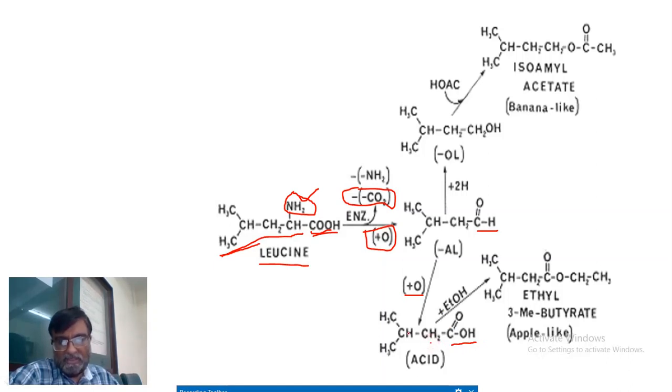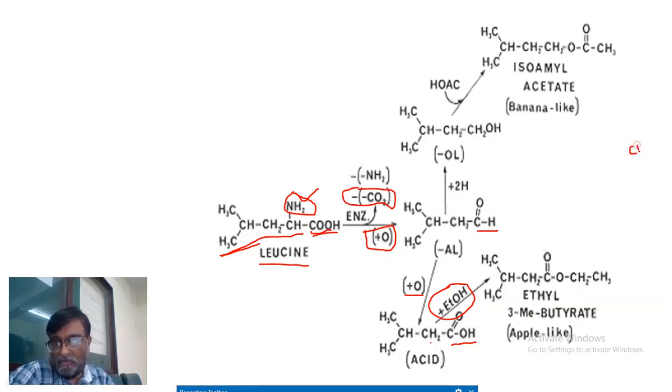When this is treated with ethyl alcohol addition, it will produce ethyl 3 methyl butyrate. Look at this structure, and this is the ethyl. What is the ethyl alcohol?